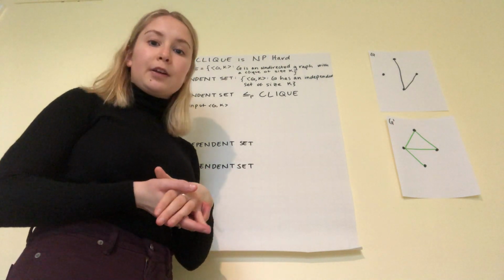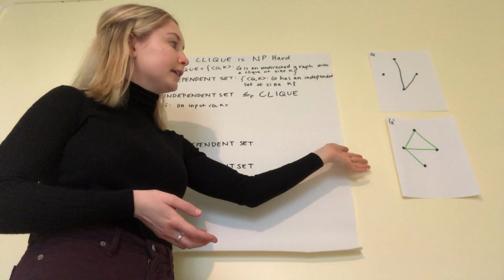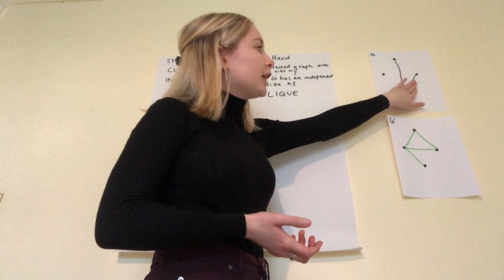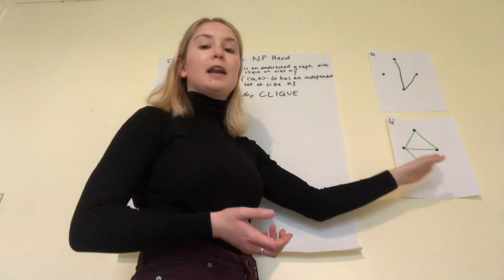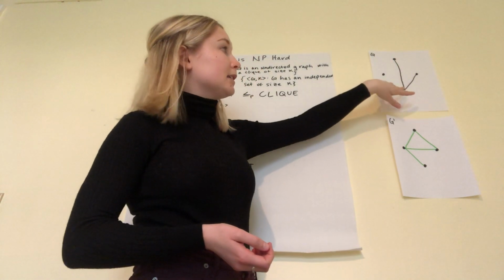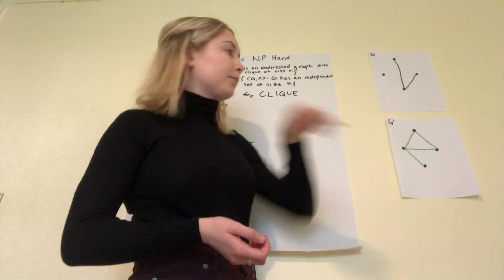And so if we look at how these two graphs are connected, we can see that for every edge in this graph, we didn't put that edge in this graph. And for every edge that doesn't exist in this graph, the edge is in this graph.